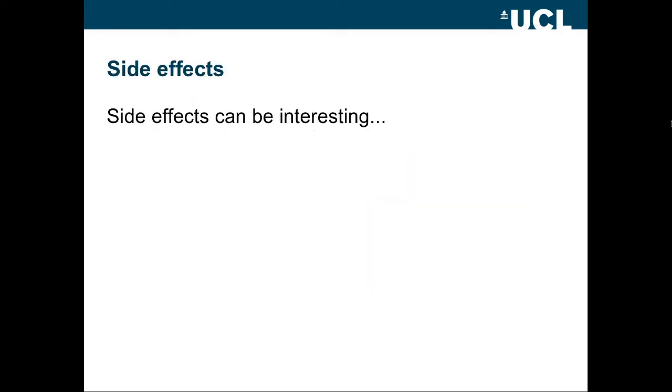Now that's all very well, but we have talked, particularly at the beginning, about side effects and the idea that a lot of small molecule drugs are not very specific. Now, there are different types of side effects. So there are on-target side effects.